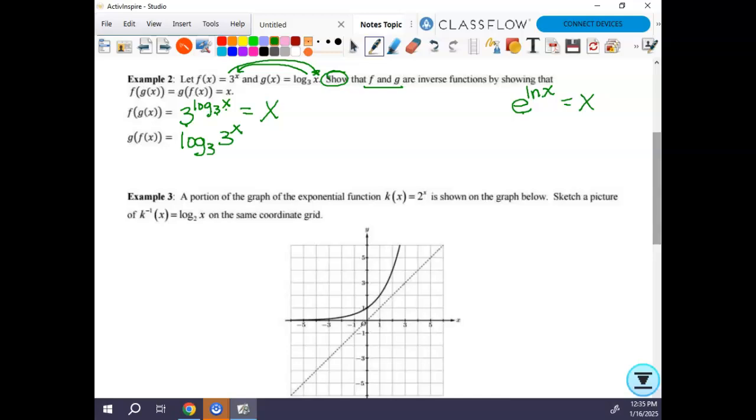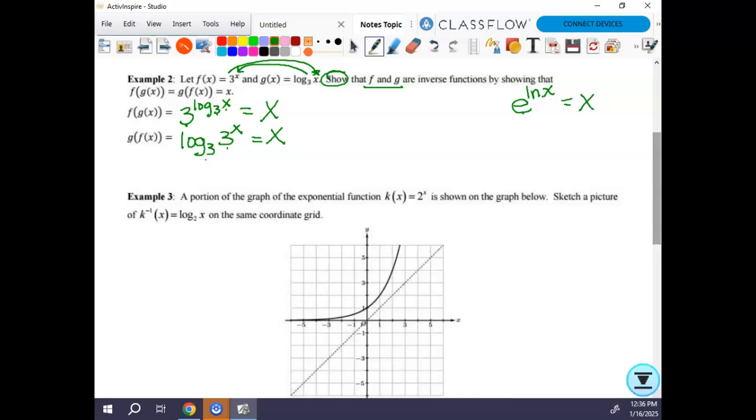So this time, instead of a log being inside of an exponential, I have an exponential inside of a log, but the base of the log and the base of the exponential match again, which in a sense, they then cancel each other out, and you are just left with x. But it's no magic that it just jumped out of the exponent.